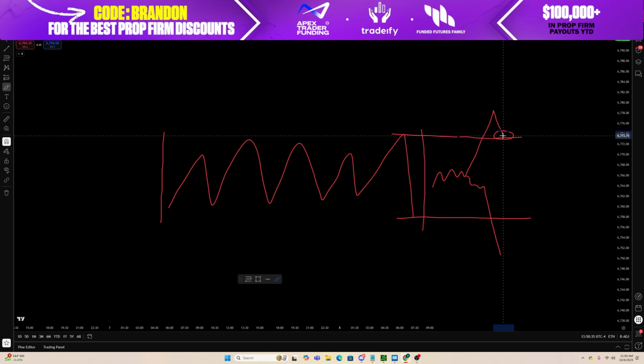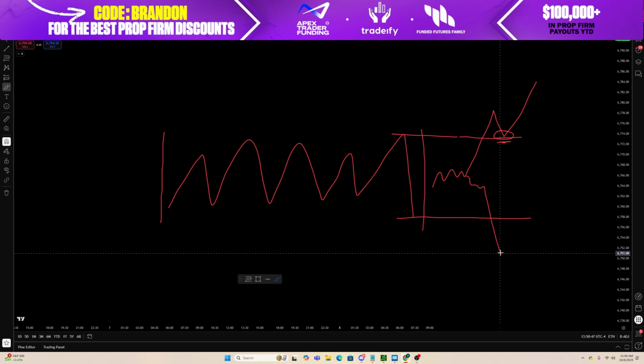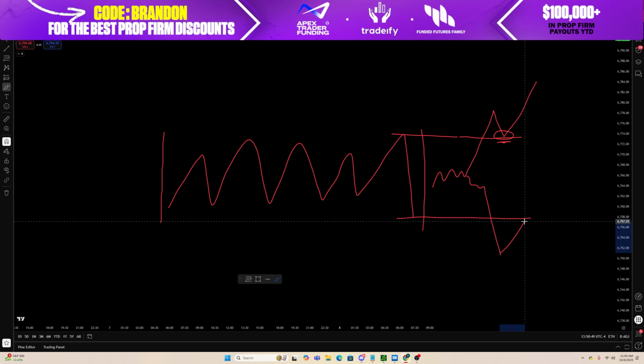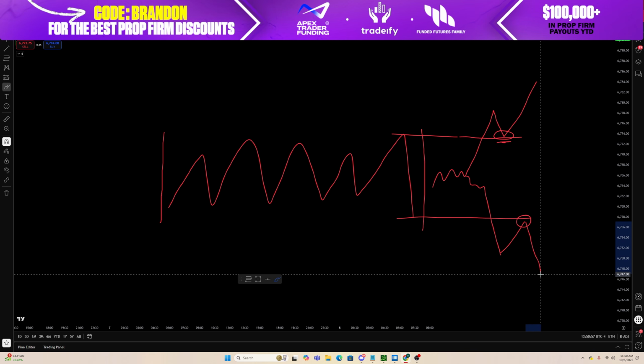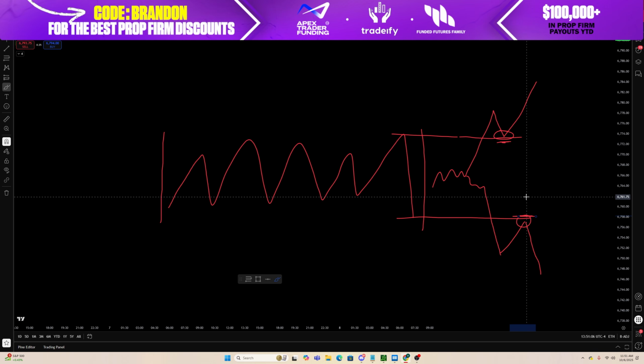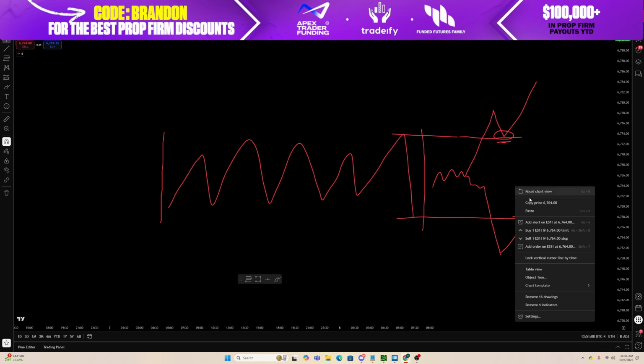If it supports this area, we are going to look for a long entry with a stop loss set right below this low. If price were to break below the pre-market low and come back up into that previous low, we want to look for price to make this resistance. If it does, you are then going to look for a short entry with a stop loss set right above this previous high. It's a very simple strategy, so let me show you guys some examples.